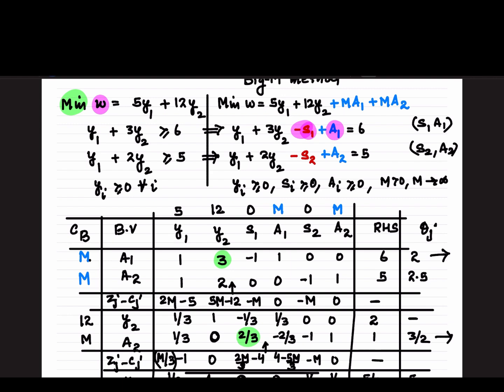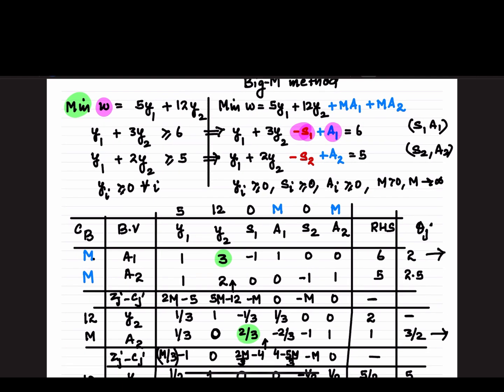So there is a very interesting pattern in the columns of the S1 and A1 variables in your simplex table. What is that pattern? See the column for S1 and see the column for A1. Both of these columns will have entries that are opposite in sign. If S1 is -1, then A1 is 1. If S1 is 0, then A1 is 0.